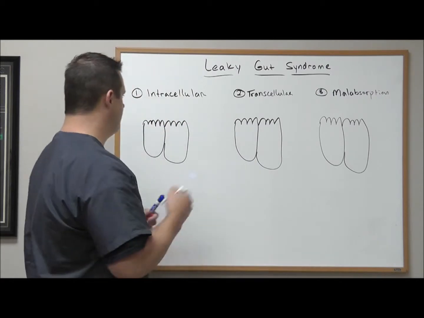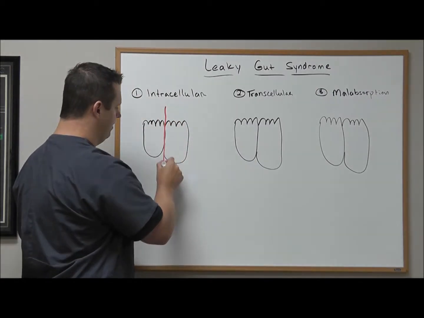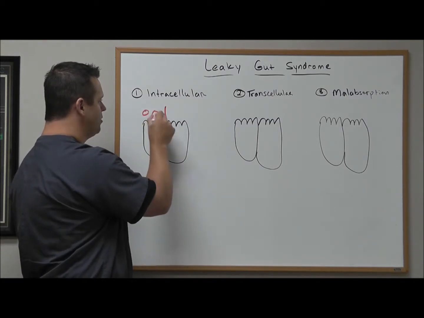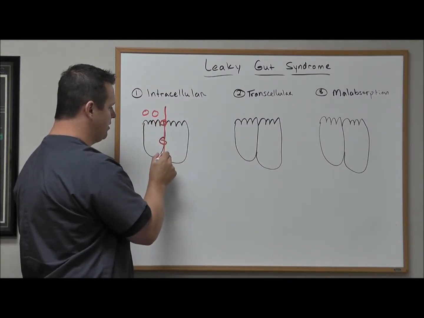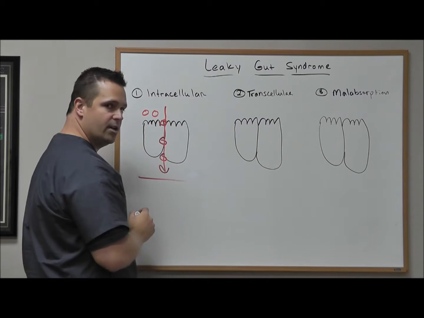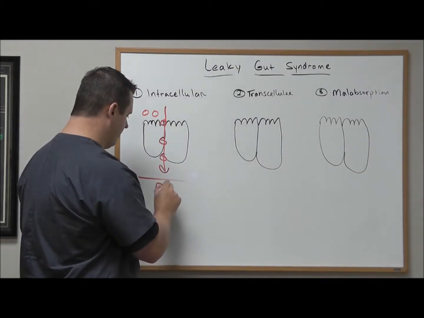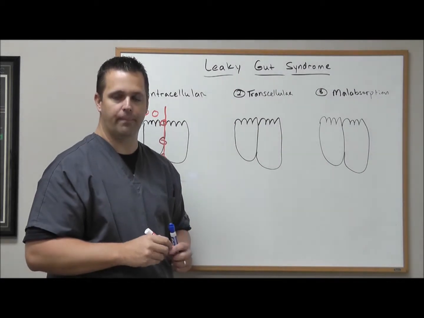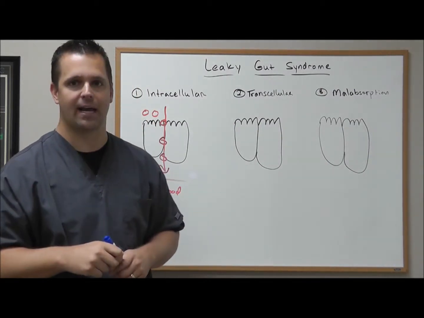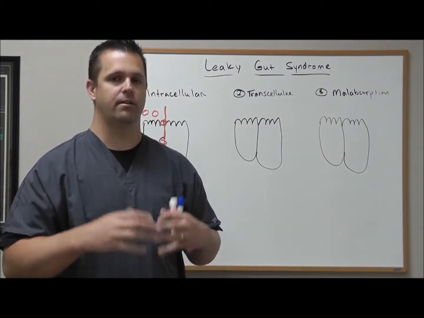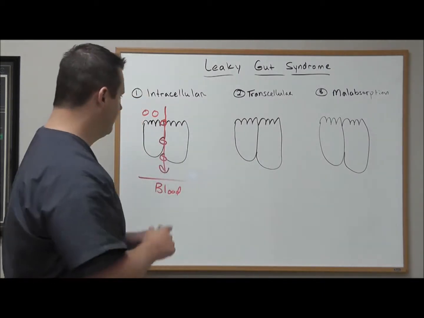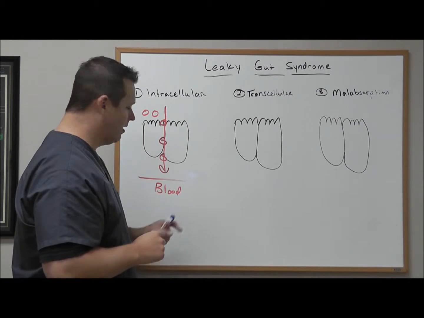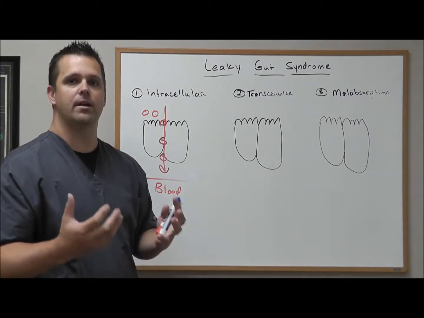So we can actually see a tear in our tight junctions, and then our larger particles, like undigested food, can cross through the gut barrier into our blood. That is one way leaky gut can happen. Inflammation, food, whatever it is, can tear those tight junctions, things cross that are not supposed to cross, and get into our bloodstream. Well, how do we know that's happening?